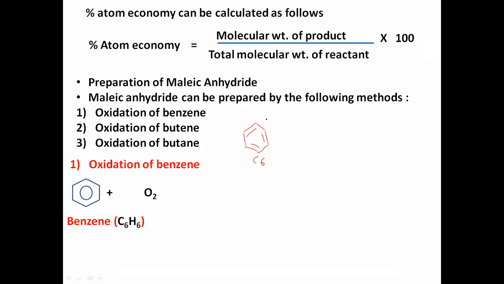Now what about hydrogen? Hydrogens are also hidden. Here we have carbon, and what is the valency of carbon? 4. So we have one sigma bond, another sigma bond, and a pi bond. So 3 valencies are satisfied, so the 4th must be hydrogen.